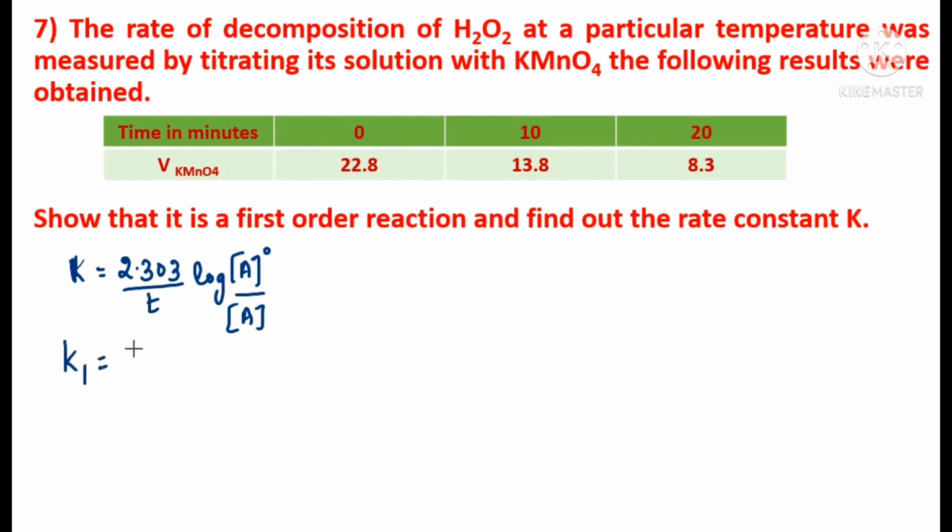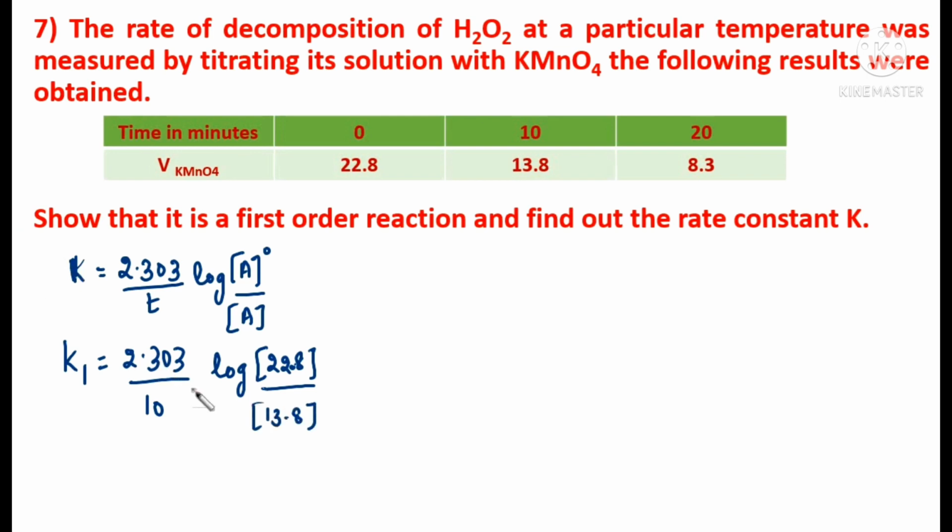K1 is equal to 2.303 divided by T1. T1 is 10 minutes, is it not? So 2.303 over 10 times log of A0, which is 22.8, divided by the volume of potassium permanganate at 10 minutes, which is 13.8.